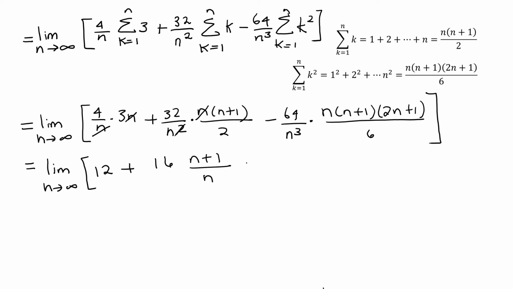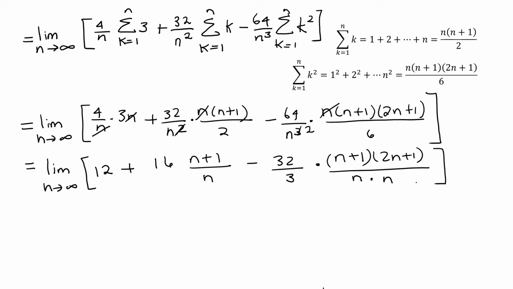Continuing. 64 divided by 6, that reduces to 32 thirds. Then one of the n's in the numerator can cancel one of the n's in the n cubed of the denominator. Then we'd have n plus 1 times 2n plus 1. And for the n squared, let's just write it as a product of two n's. Continue to simplify.